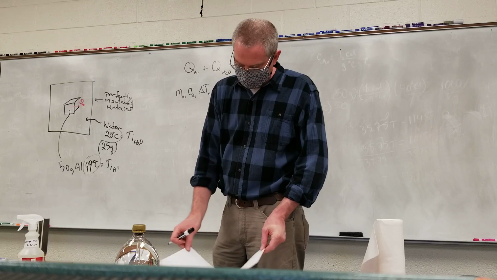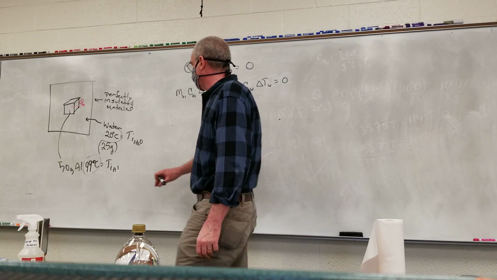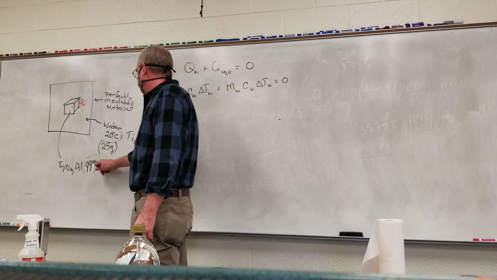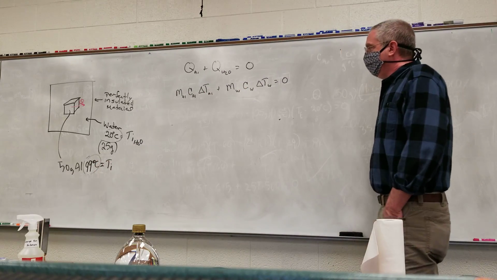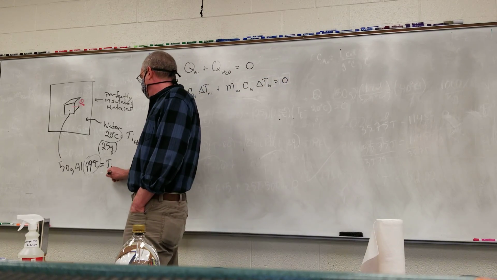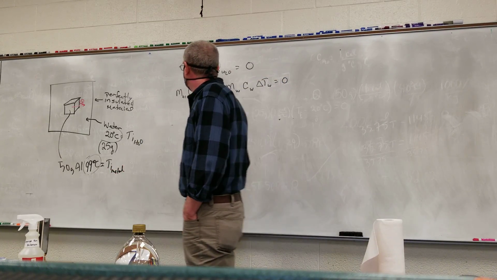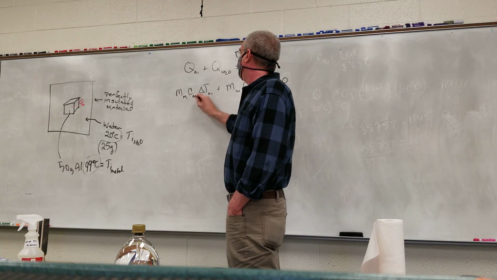And you know what? Instead of aluminum, we're just going to make this some unknown. Because I'm about to make numbers up, and I doubt if I'm going to get close to 0.215. So initial temperature of the metal. So instead of aluminum here, I'm going to put a little M for metal.